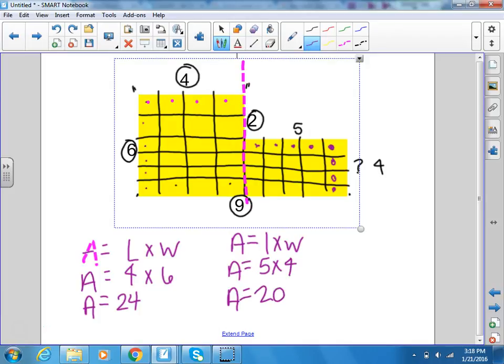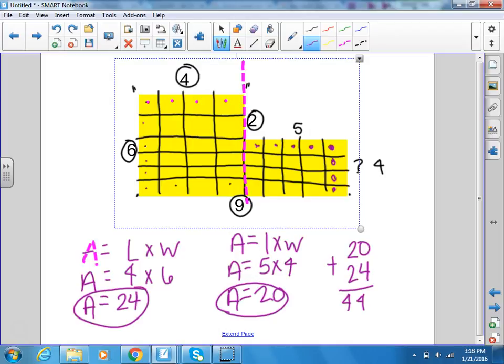We're now going to take the areas from both rectangles and add them together. So 20 plus 24 equals 44. So the area of this figure is 44.